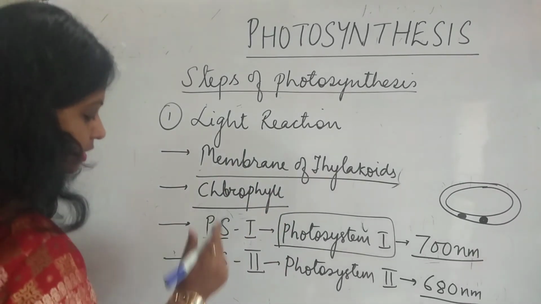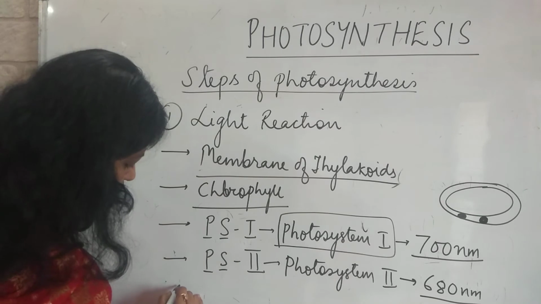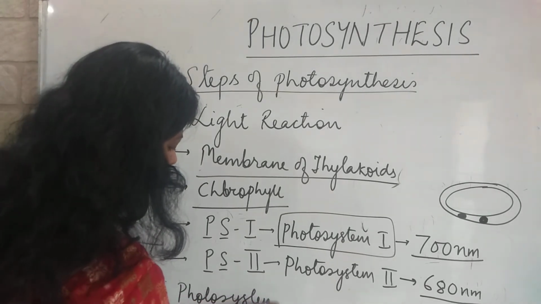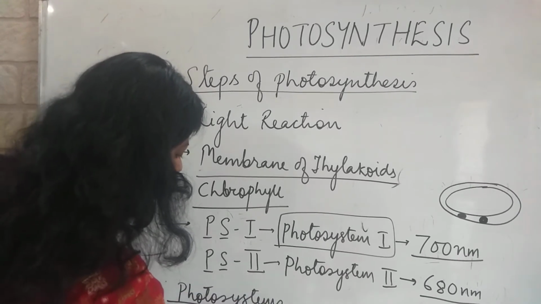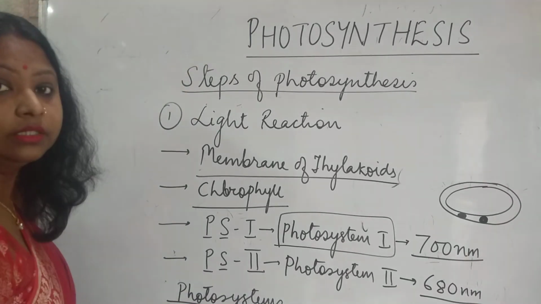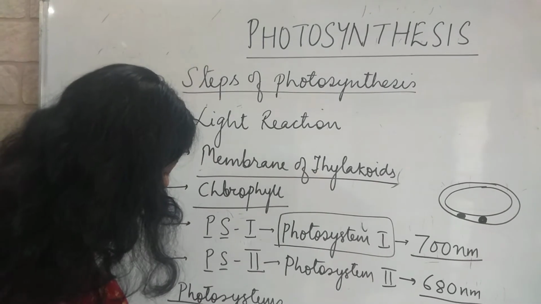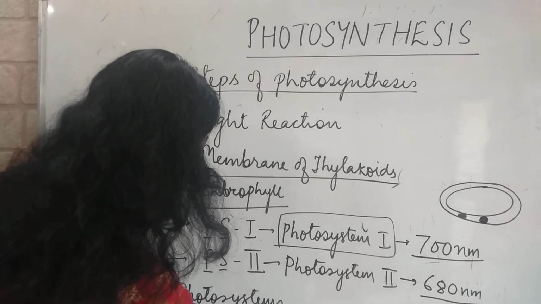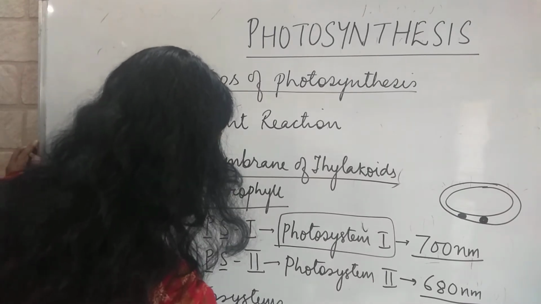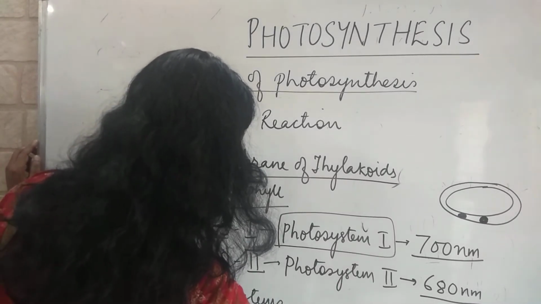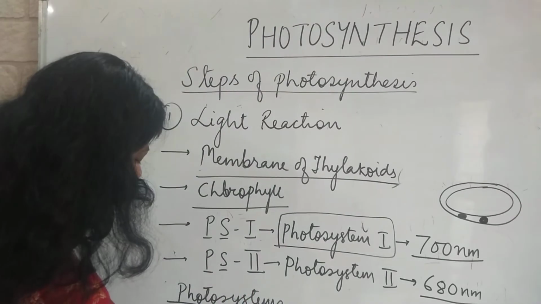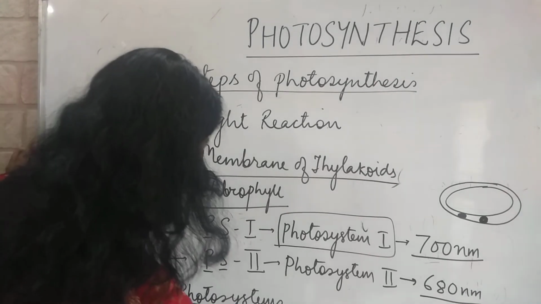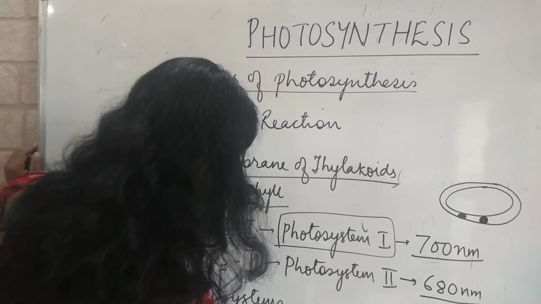Now what are the things which are present in any photosystem? Photosystems have two important structures. One is the main primary acceptor and the other is accessory acceptors.